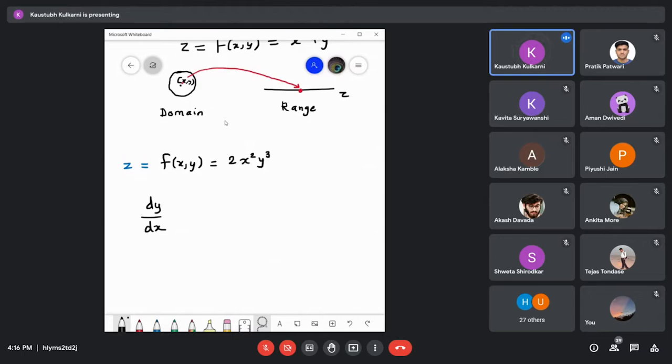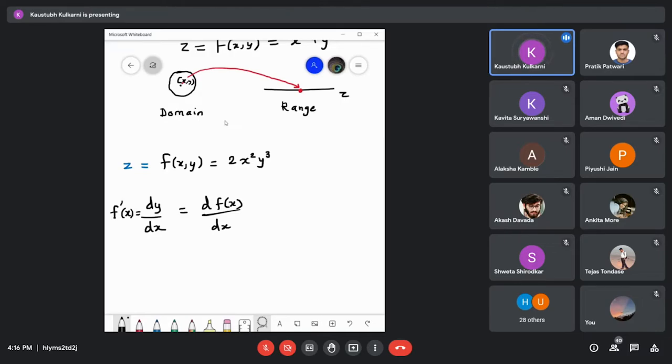The notation is f dash of x is equal to dy by dx. Here we are measuring the rate of change of the function f(x) as x changes.